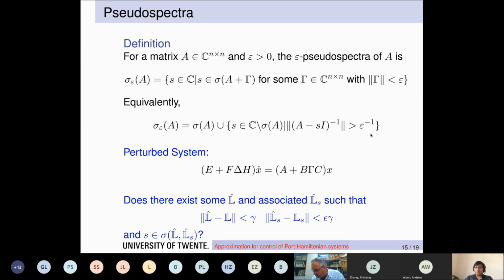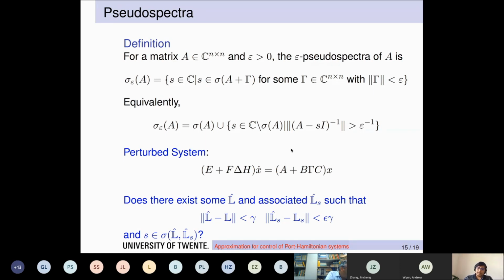The advantage of this definition is the resolvent of the matrix, which suggests a connection with the transfer function. So now we are considering a perturbed system. Here the pseudospectra is incorporated with this perturbation, which we can also think of as a feedback operator.